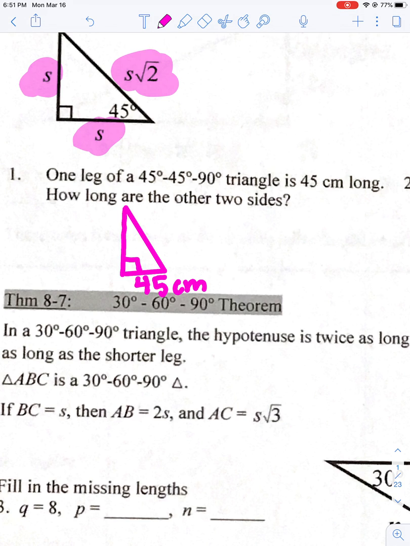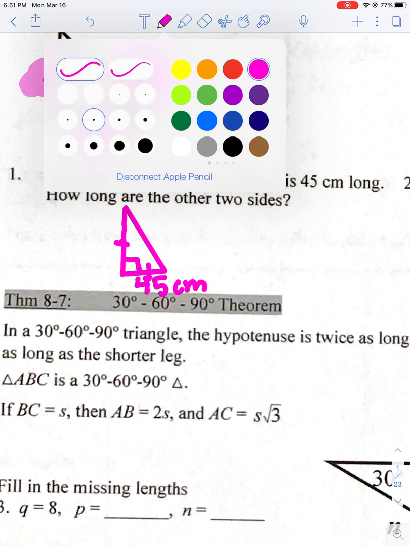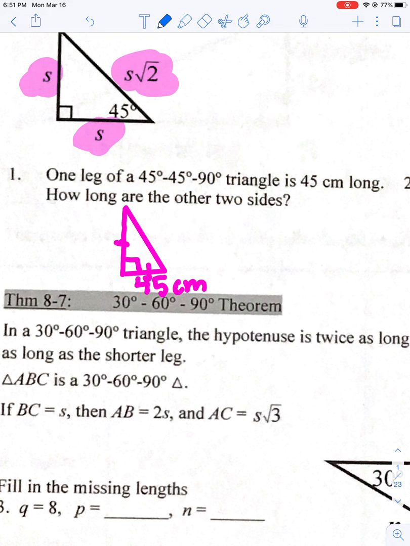Given that this is a 45, 45, 90 triangle, we would know that the legs are congruent to each other. I'm going to switch colors to show that our assumption, therefore, is that the other leg is 45 centimeters and that our hypotenuse would therefore be 45 times radical 2 centimeters long.